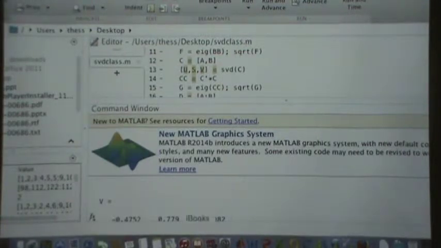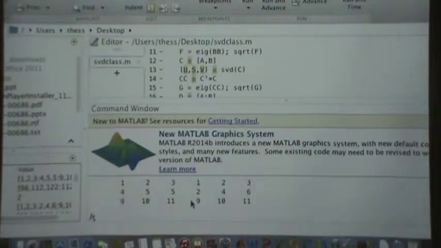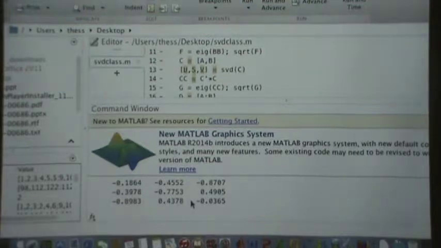And so if we look at that down there, what do we get? So that's the B. Here's C. You see C is a 3x6 matrix, which you get by doing A comma B. And so then I did USB equal SVD of C, and U now is a 3x3 matrix.